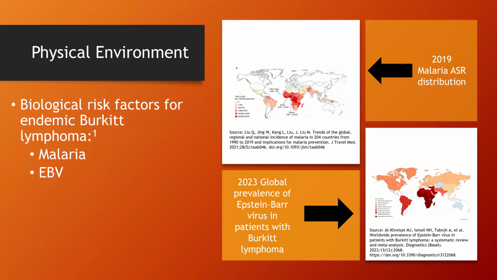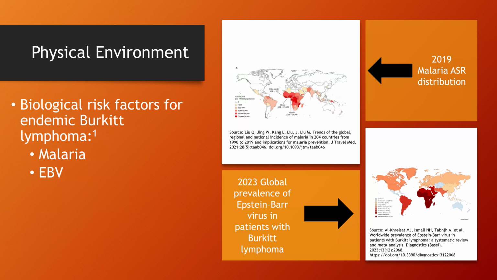What's interesting is that this corresponds directly with endemic Burkitt lymphoma. We see a pretty high prevalence of it in Brazil, but we see a very large prevalence of it in sub-Saharan Africa and Papua New Guinea.